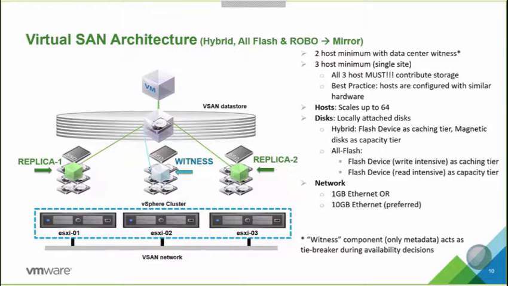So we do have 2 modes. We have hybrid, which is flash layer for caching, and then magnetic disks for capacity. We see a lot of this with infrastructures where you have your build your own mentality, or they have existing infrastructure already that they want to roll into virtual SAN.